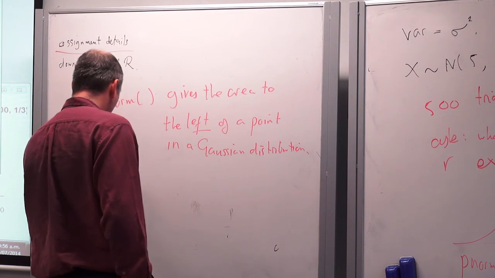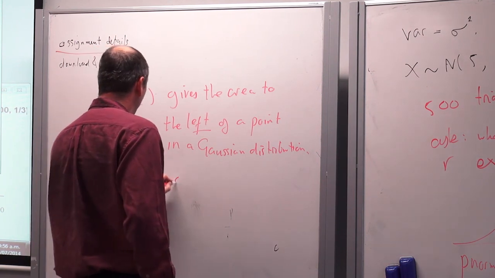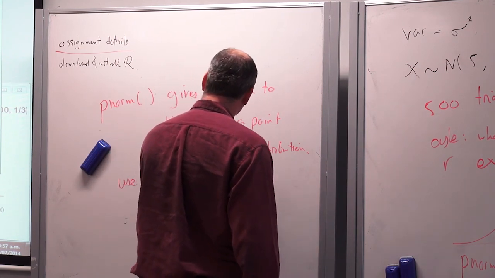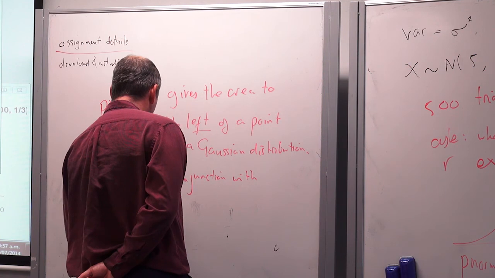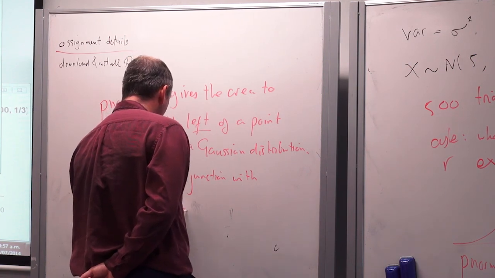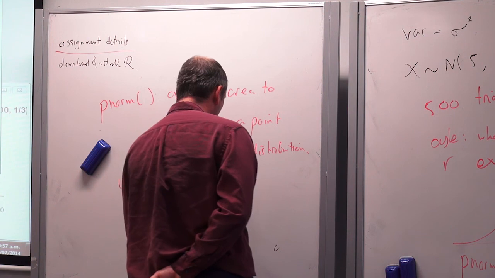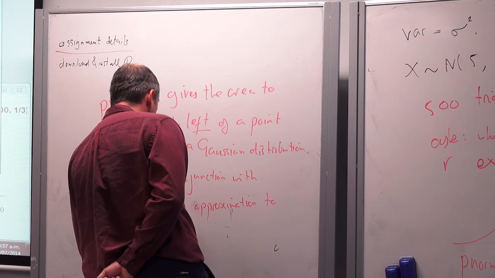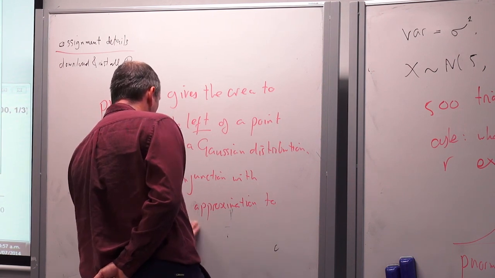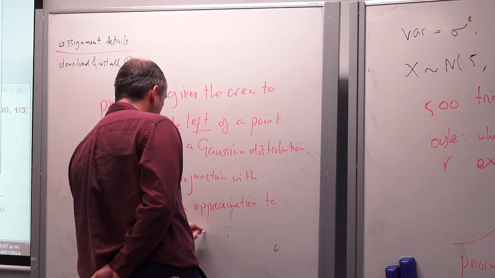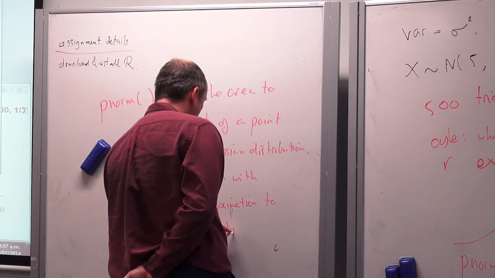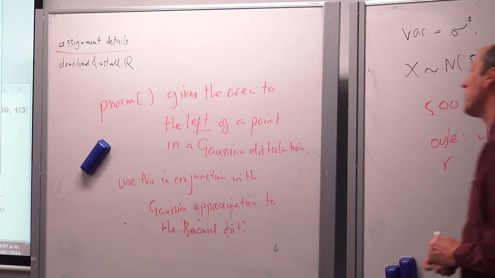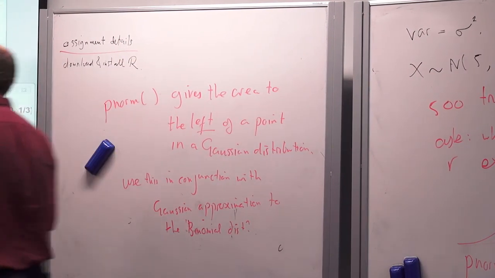We use this in conjunction with the Gaussian approximation to the binomial, because it's easy and straightforward to evaluate, and the binomial distribution is a dog.